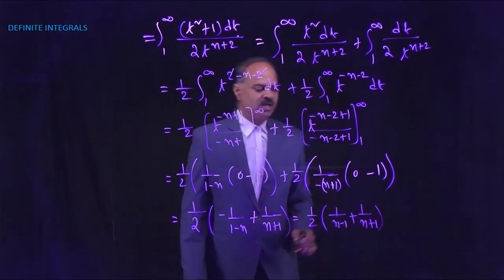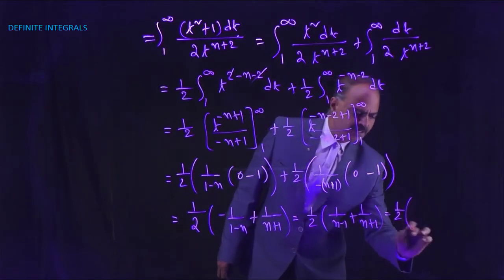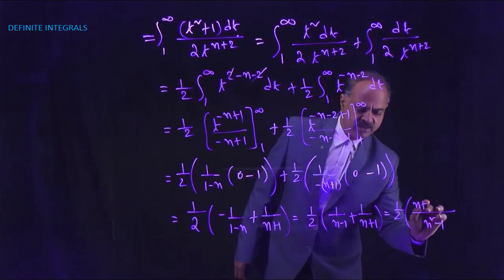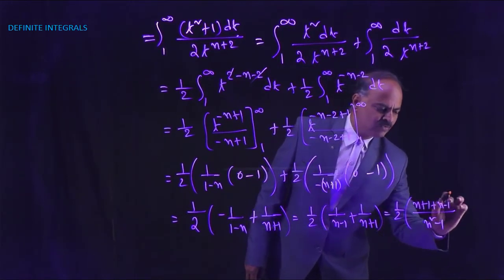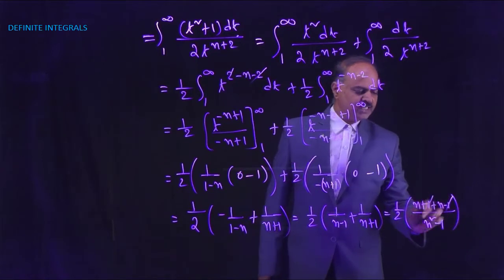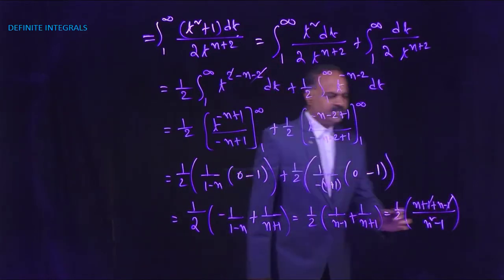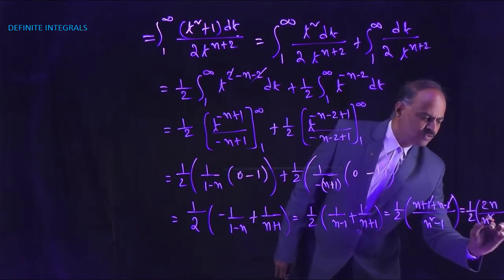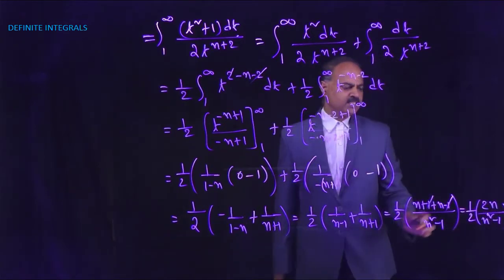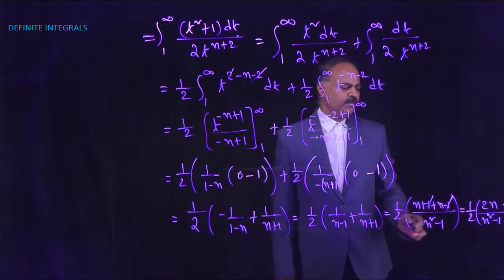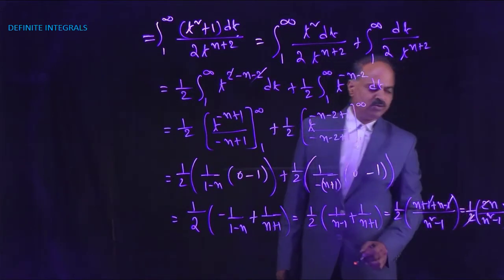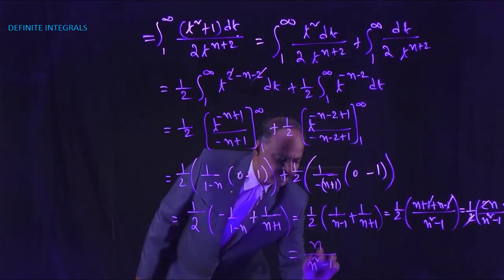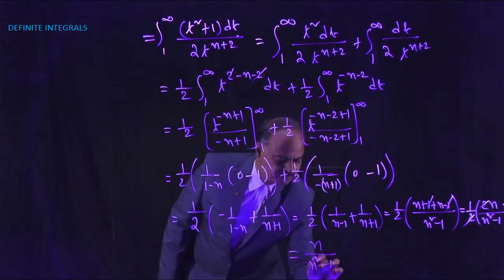Now this is equal to 1 by 2 into, with n square minus 1 in the denominator, the numerator n plus 1 plus n minus 1. Here the minus 1 and plus 1 get cancelled, so that is equal to 1 by 2 into 2n by n square minus 1. Here the 2 and 2 get cancelled, so that is equal to n by n square minus 1.